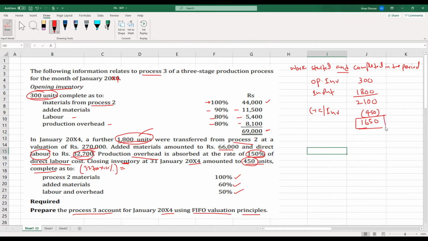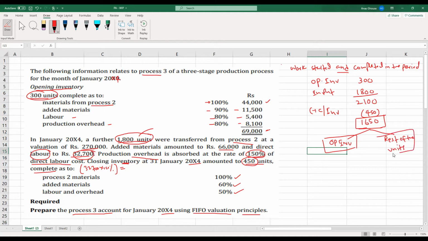Now, since we are valuing at FIFO method, we need to segregate this item into opening inventory and the rest of the units completed in the period.